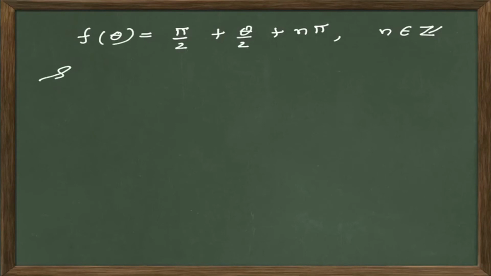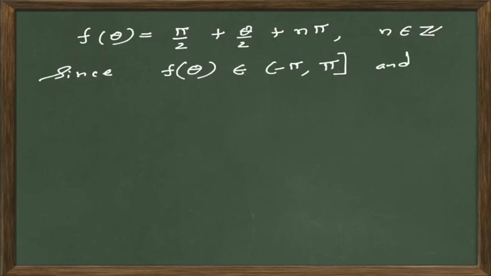Since f of theta is the argument of the complex number 1 minus e^(i theta), by the choice of the interval in the question, f of theta lies in the interval minus pi to pi, and also because we are interested in the limit as theta goes to 0 from the right side, theta is non-negative, and we may assume that theta is arbitrarily small.